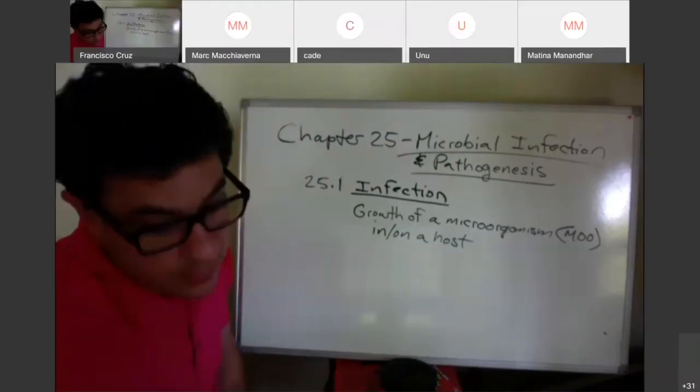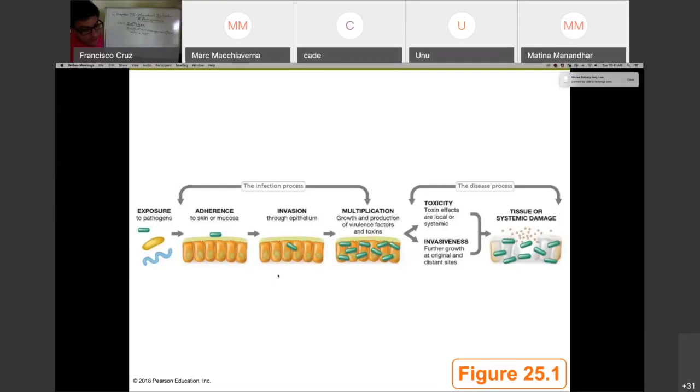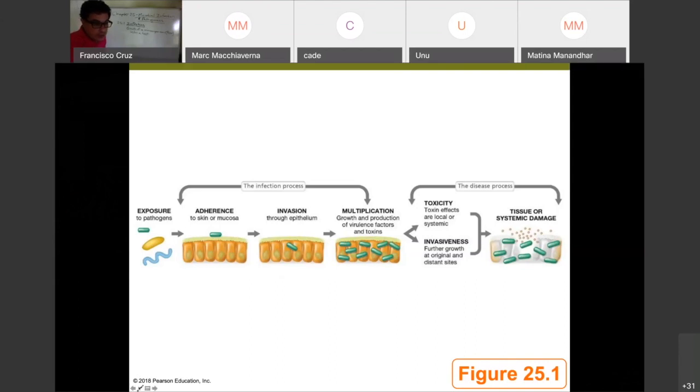So microbial pathogenesis occurs in steps. Here we have all the steps for typical pathogens. First, you have to be exposed to the pathogen, and then they have to be able to bind.